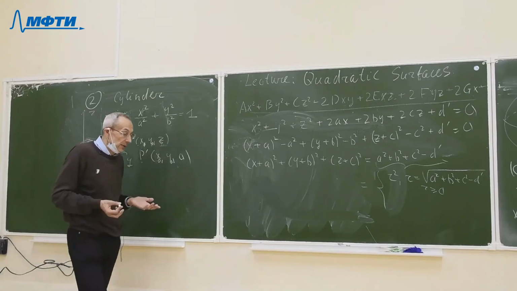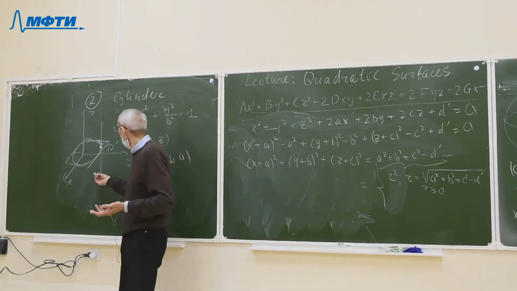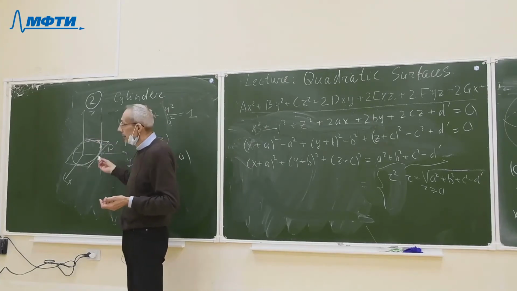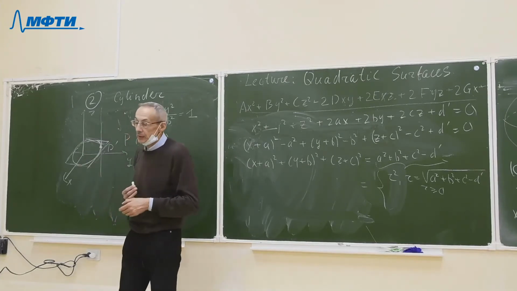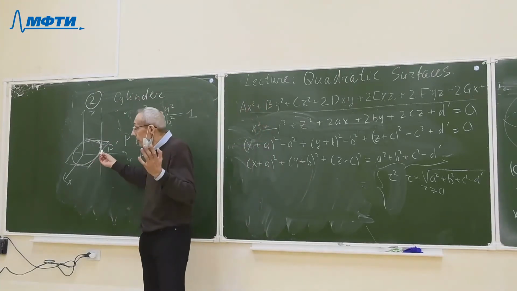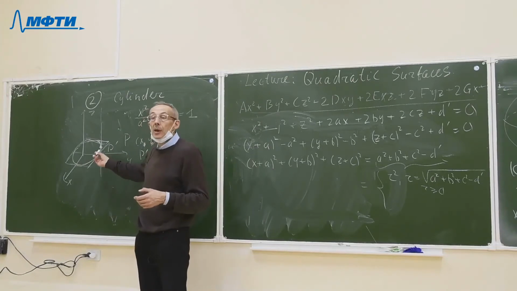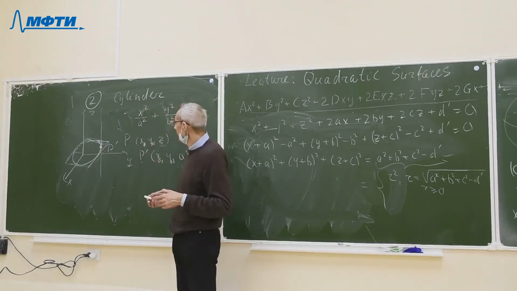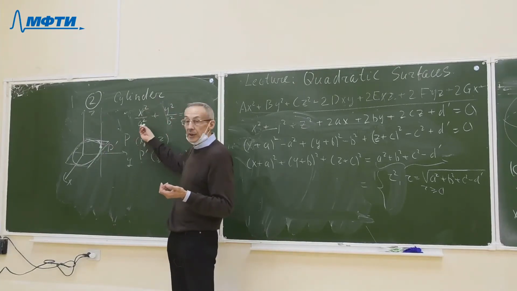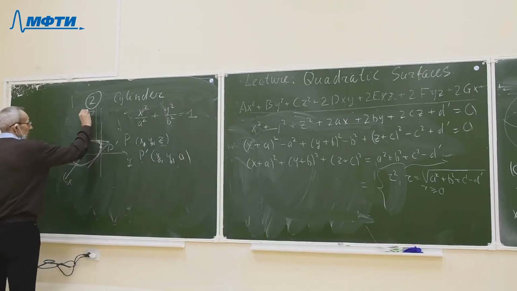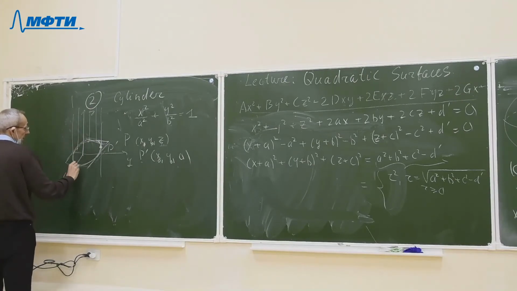And we obtain that all points of such a straight line, parallel to axis OZ and passing through some point of our second order curve, also lie on the quadratic surface which this equation defines. And we obtain the surface which is called cylinder.